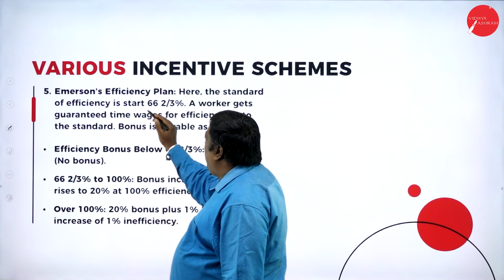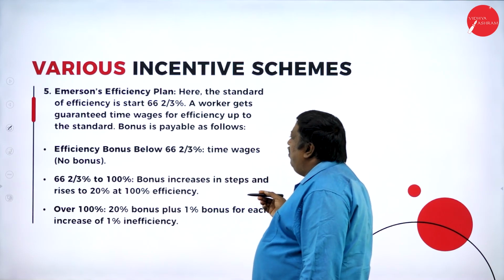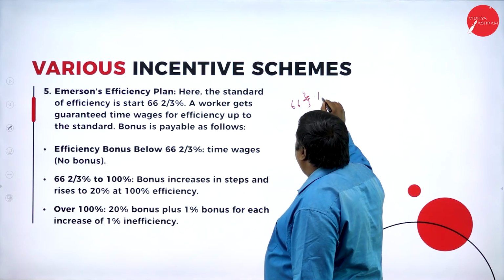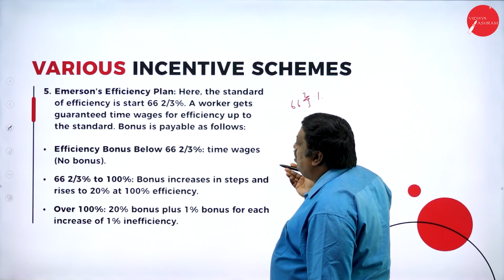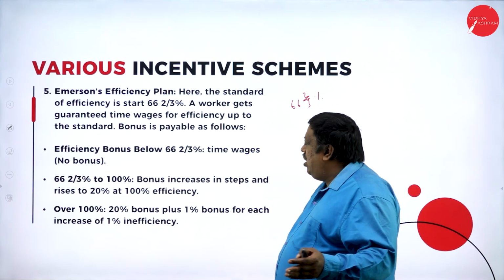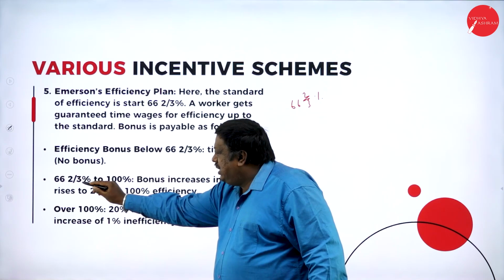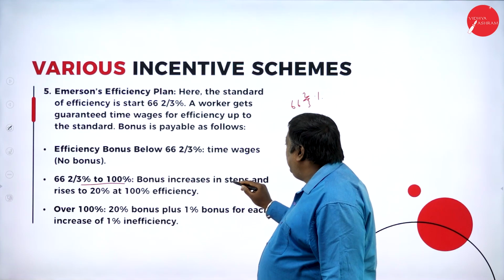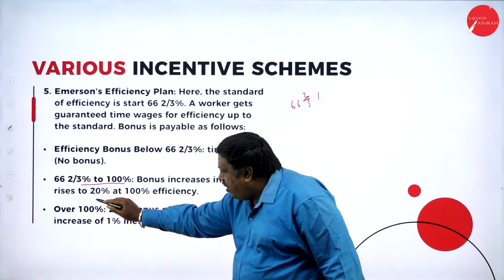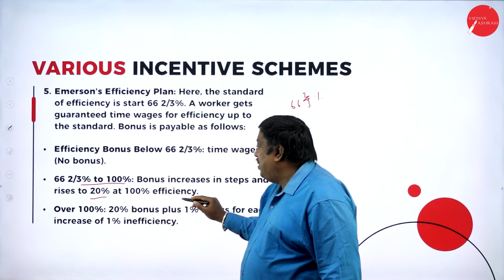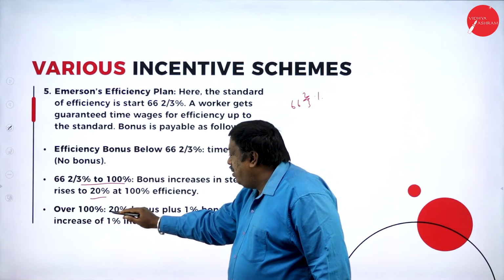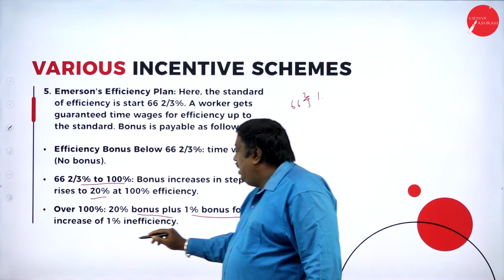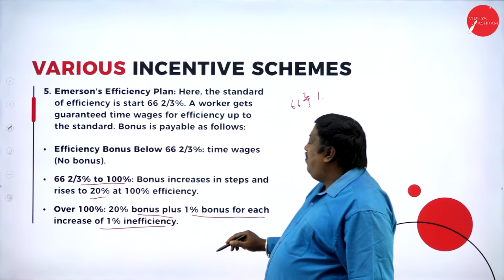The Emerson efficiency plan is the same thing. It starts from 66 2/3%, where up to that they get the normal wages, and then from 66 2/3 to 100%, the bonus increases in steps, rising to 20% at 100% efficiency. Over 100%, it is 20% bonus plus 1% bonus for each increase of 1% of efficiency.